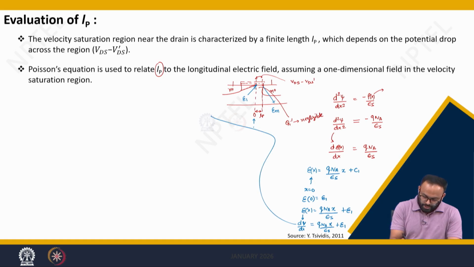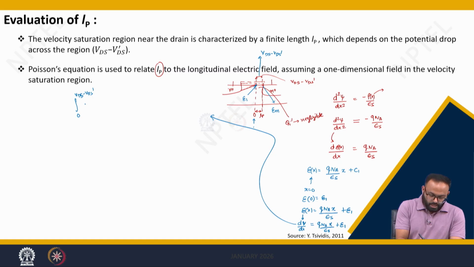So, I am solving this equation here, which will give me the integration from 0 to VDS minus VDS dash, because the voltage which is dropping across the LP length is nothing but VDS minus VDS dash, of dV is equal to the integral of q into Na into x divided by epsilon s plus E1, into dx, and the limit of this dx is 0 to LP.